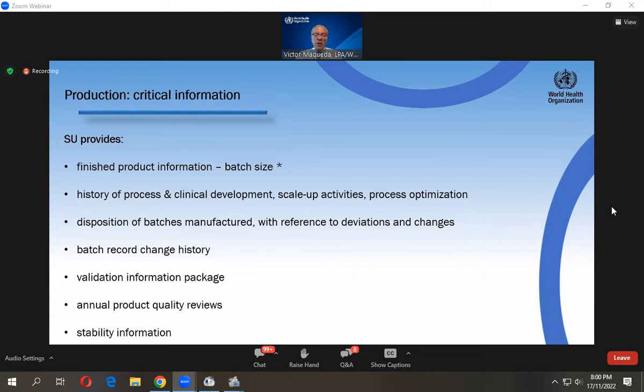Of course, stability information, especially regarding the trends and any situation that would have been encountered in terms of the product.